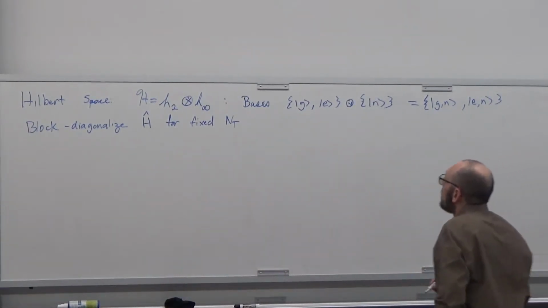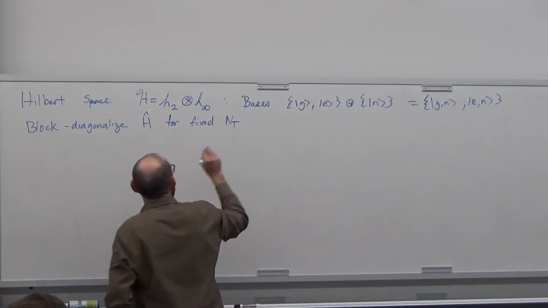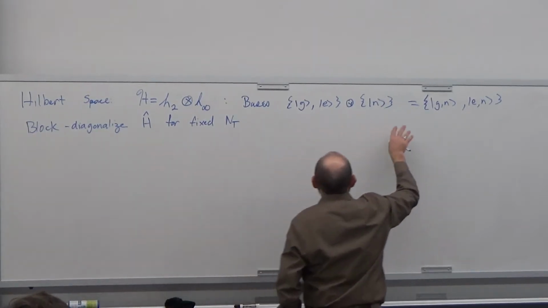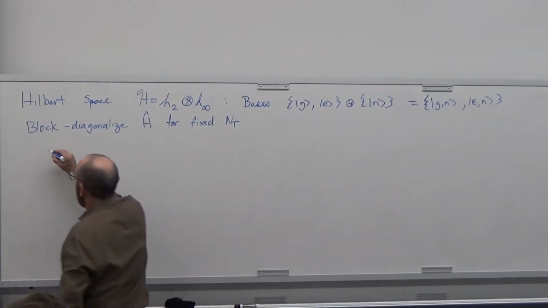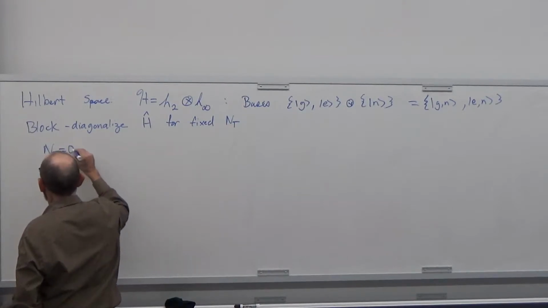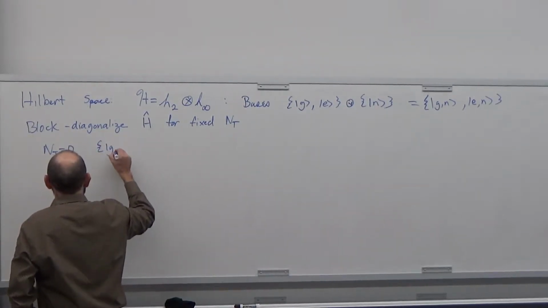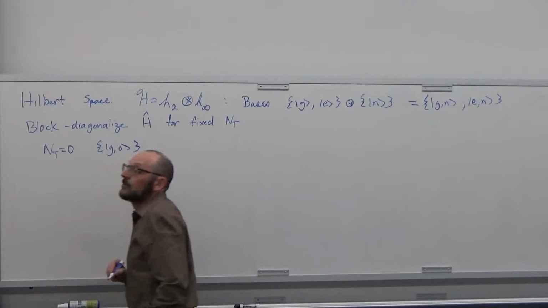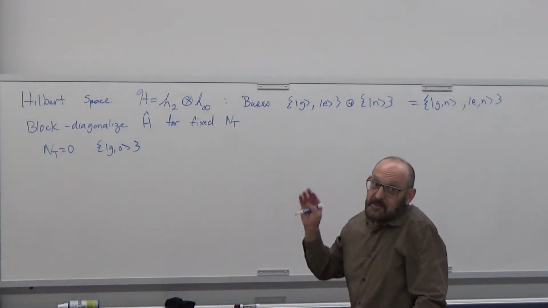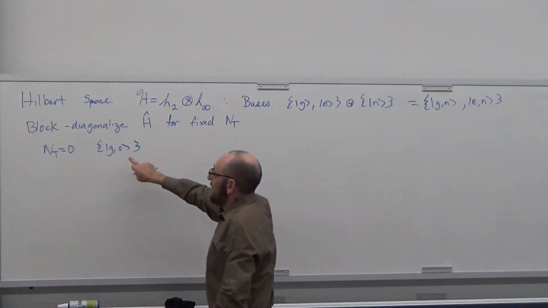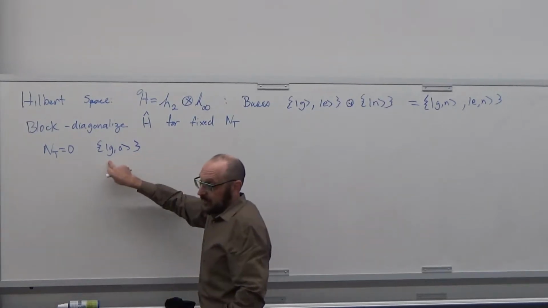So, what are the basis states that we would write down? So if I have NT is 0, there's only one state that has 0 excitations. That's the field in the vacuum and the atom in the ground state.